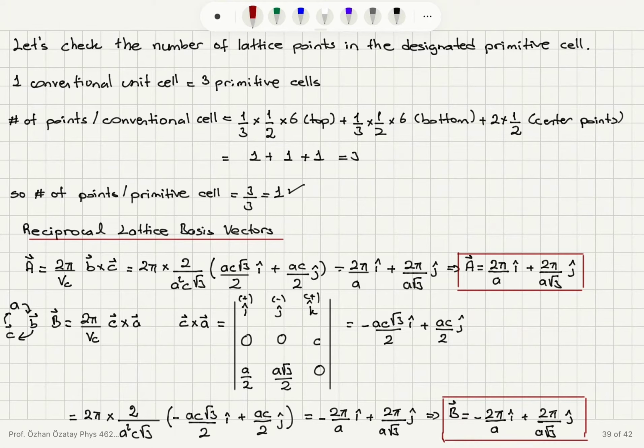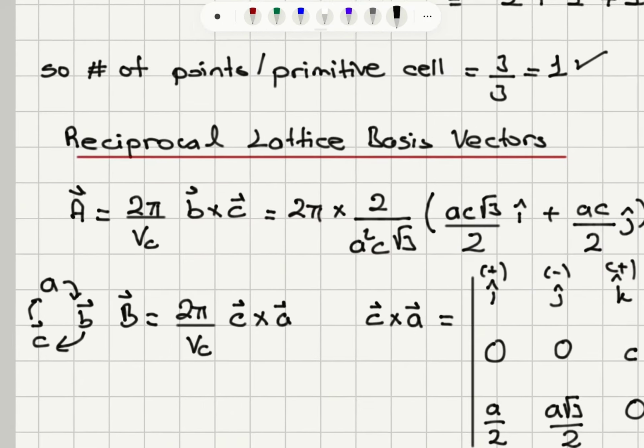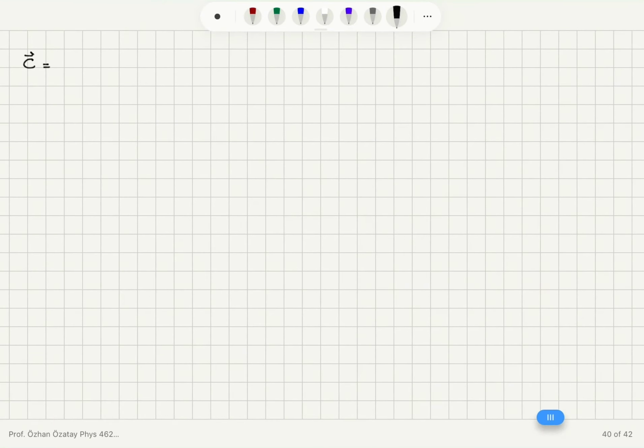Okay, now we can move on to the third primitive translation vector in the reciprocal lattice. That is our capital C vector. So we did B cross C, C cross A. Next one is A cross B. You can see here from the cyclic permutations.